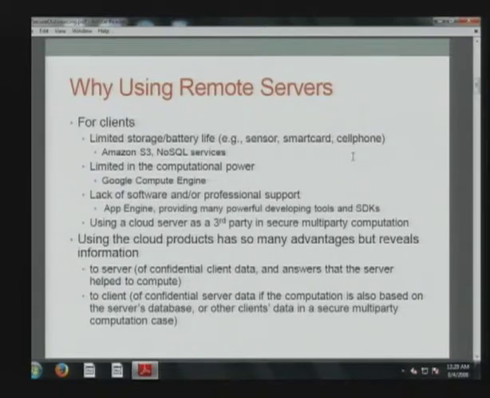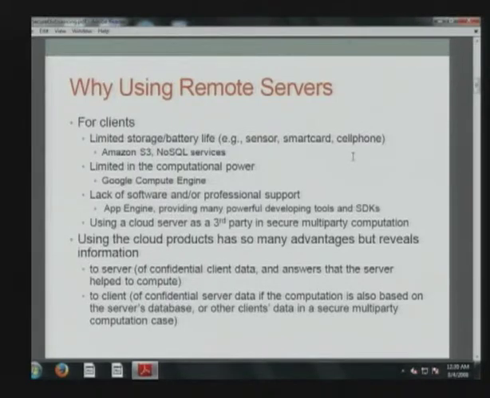Another kind of client may be lacking software or professional support. Such clients may want to use products such as App Engine, which provides them many powerful development tools and SDKs.